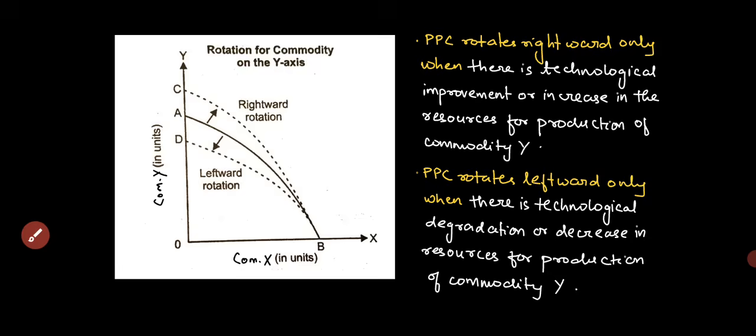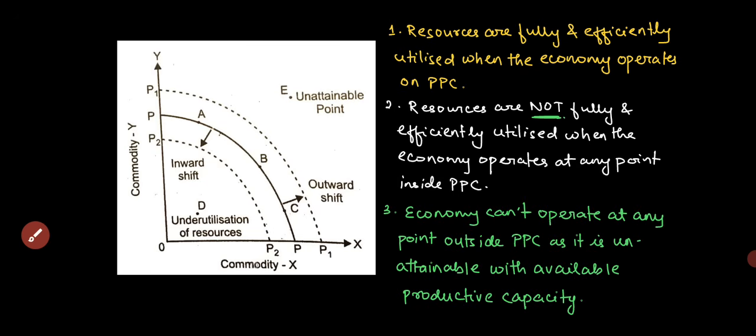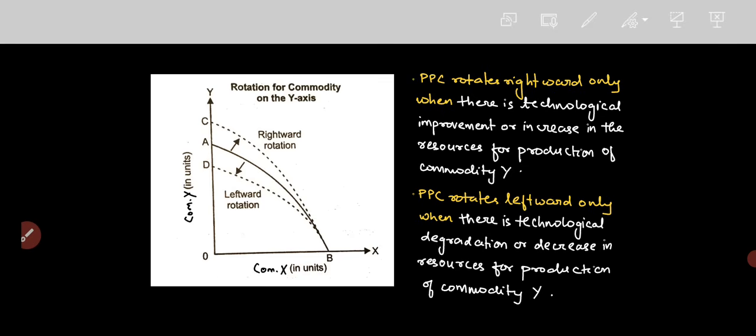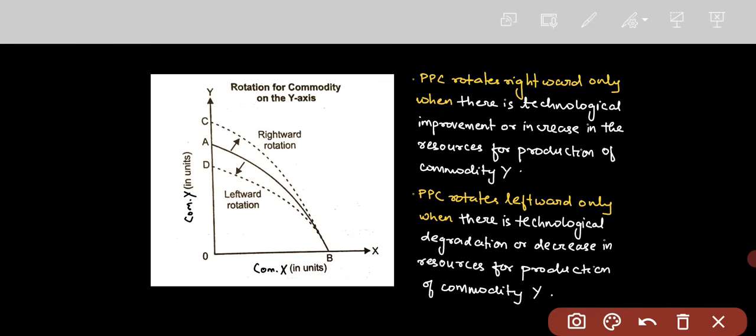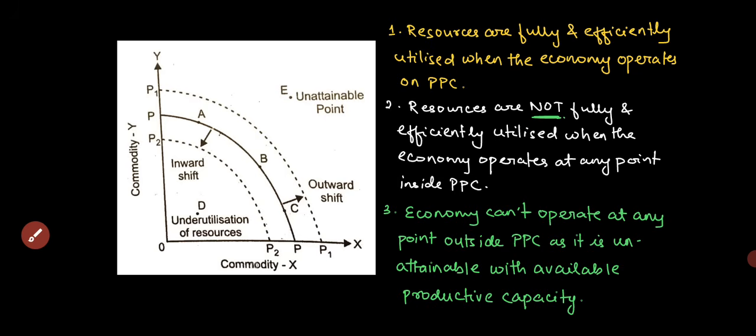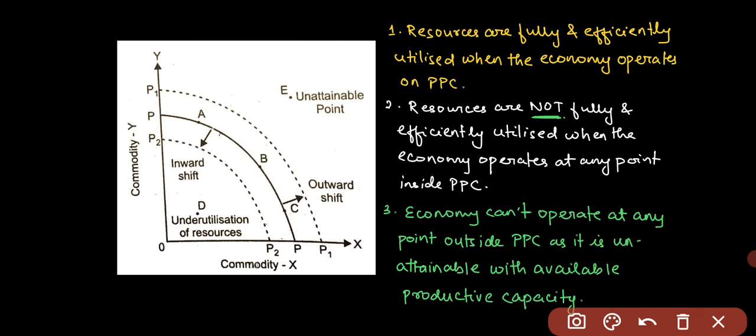Then you see, we will come to summarize all about the production possibility curve in one graph. Commodity X is on the OX axis, commodity Y is there, right? You see here, PP was the original production possibility curve, right?